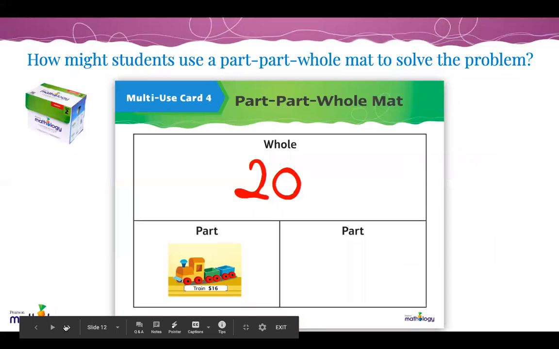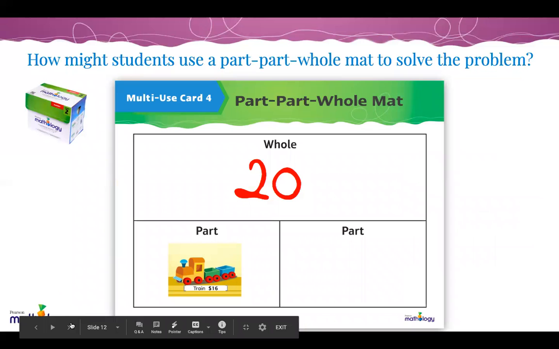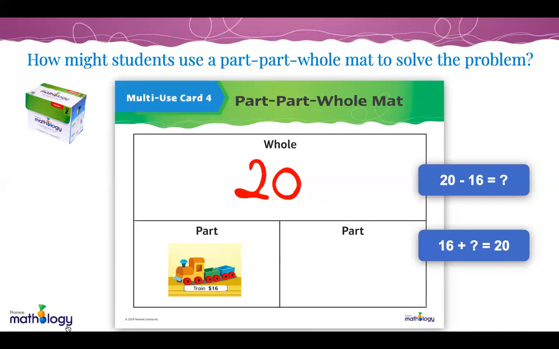So let's take a look at how students might use part-whole math. For a lot of you, you started with the whole. You started with 20 and you took away a part of it. This is an example of a train. And then the question might be, 20, which is the whole, take away 16 is something, or 16 plus the other part, which we don't know, is equal to 20.